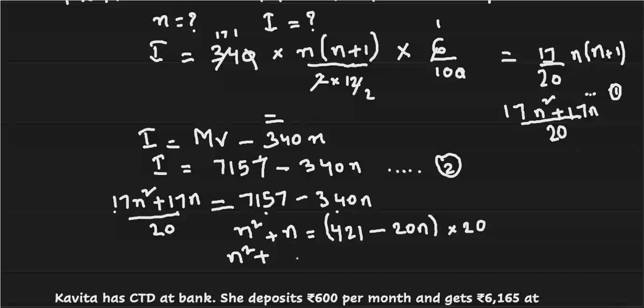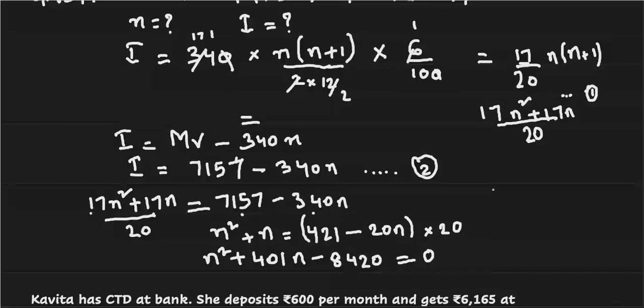Minus 400n comes this side and becomes plus, right? So 400 plus 1 is 401n, and 421 into 20 is 8420, which is coming here and becoming negative 8420 equal to 0. Now this is a quadratic equation, and you have to factorize this quadratic equation in such a way that if you multiply, you should get how much?